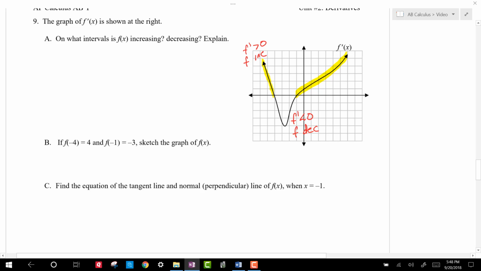That means that I am increasing on the intervals from negative infinity to negative 4, and from negative 1 to infinity, because f prime is greater than 0, which implies that f of x is increasing.